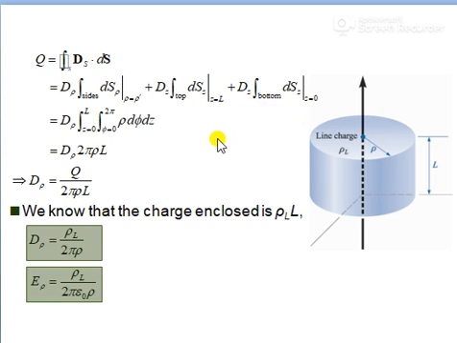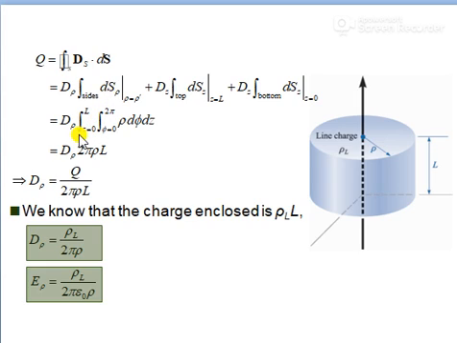Here we need to consider D and dS. D is D rho a rho, whereas dS is rho d phi dz a rho. Therefore D dot dS for the top and for the bottom is 0. Only the radial component contributes.